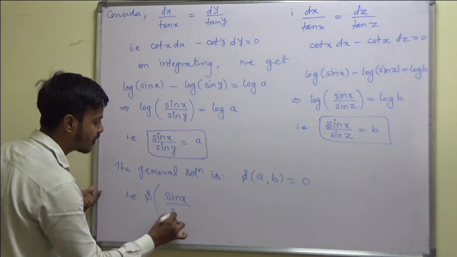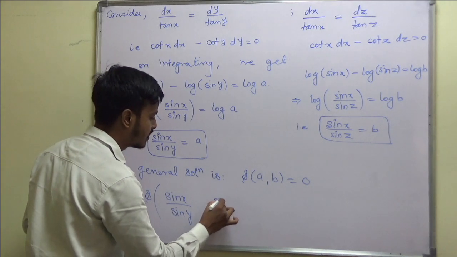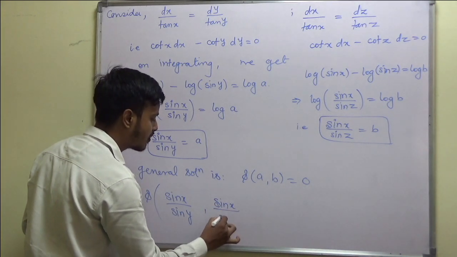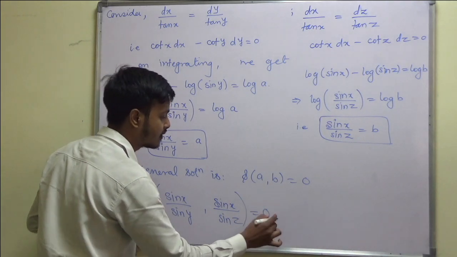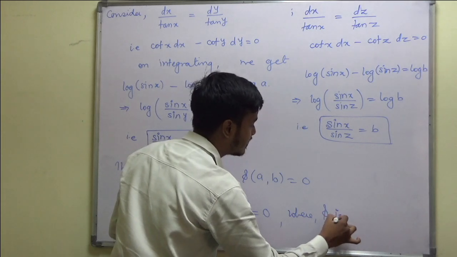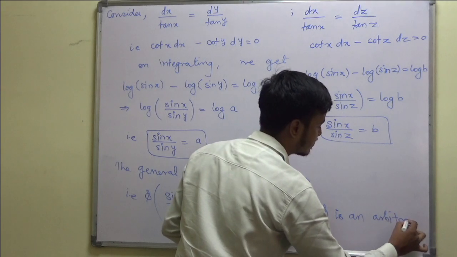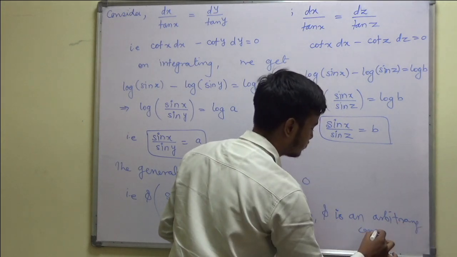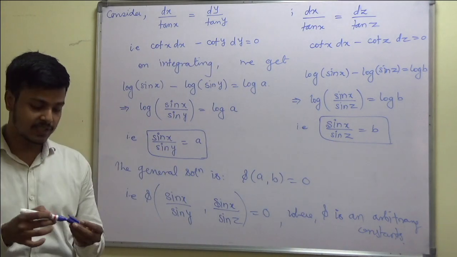Sin x upon sin y, and then sin x upon sin z is equal to 0, where phi is an arbitrary function. Okay, so this completes the solution of this problem.